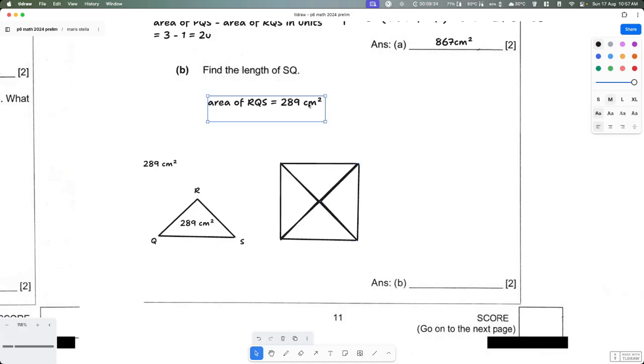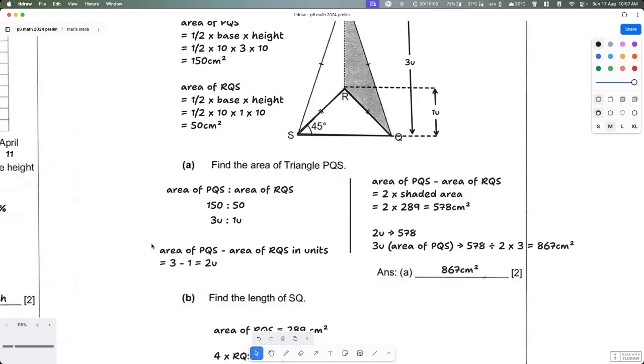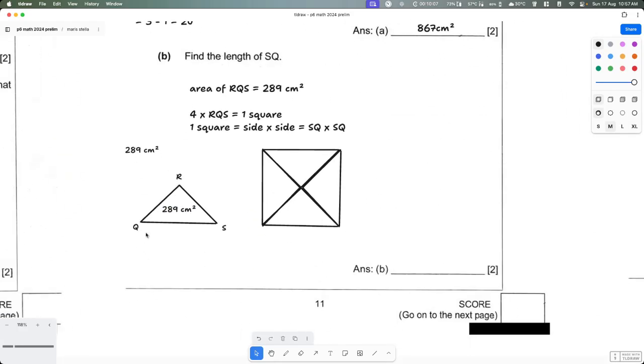With 4 times RQS, it is basically one square, and it's just QS and QS. So one square is equal to side times side, or SQ times SQ.